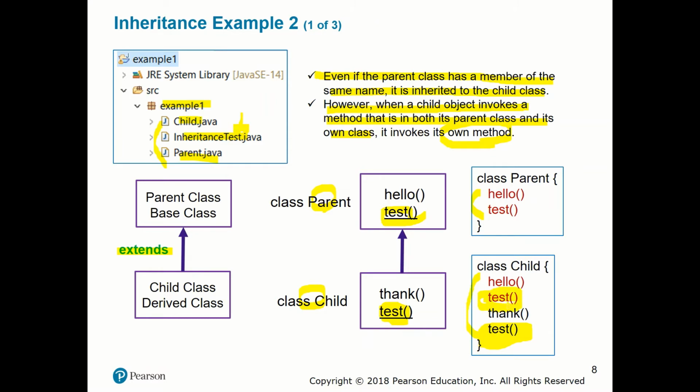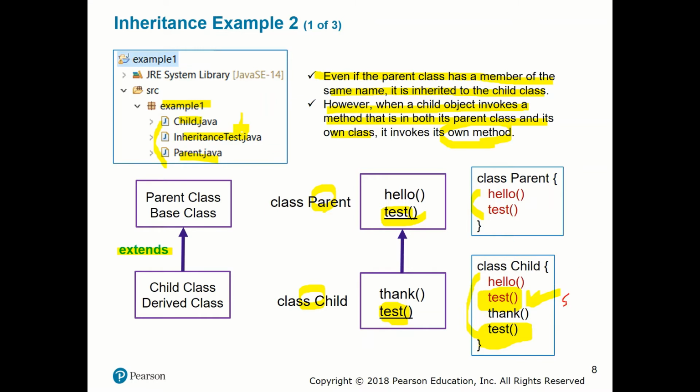Okay, the child object has this one, and it has a right to use this one. But the child object cannot call this method from the parent directly. In this case, if the child object wants to use parent test, then we need to use super keyword.